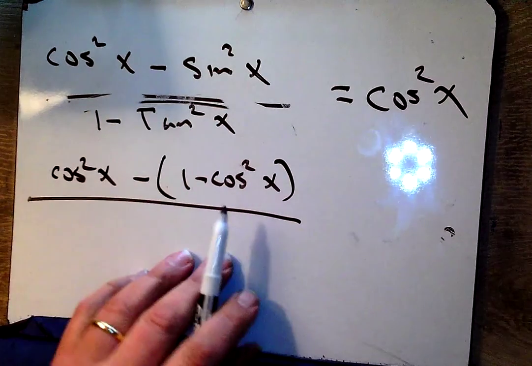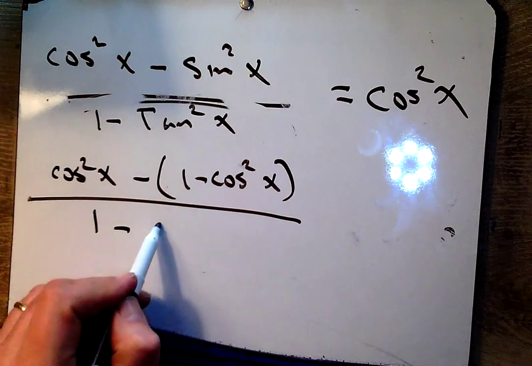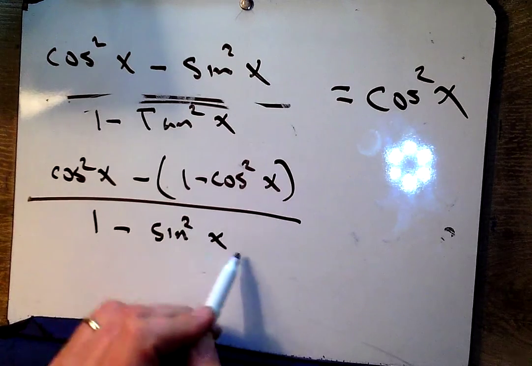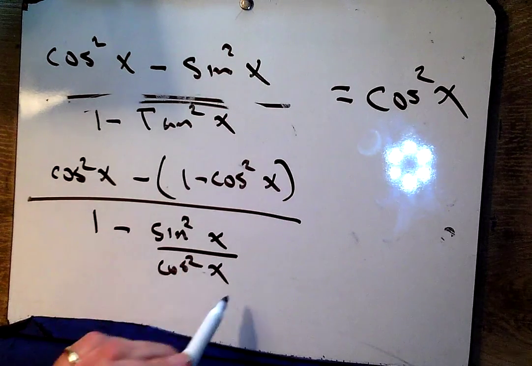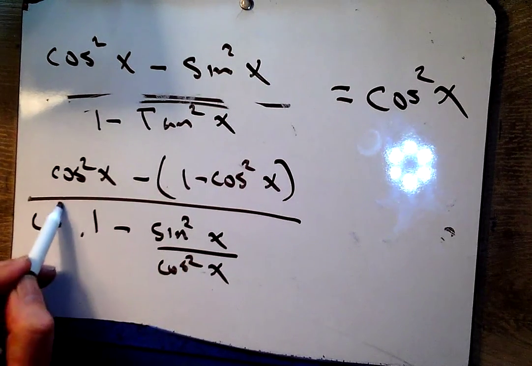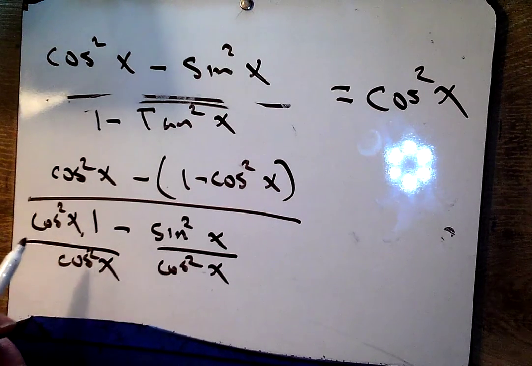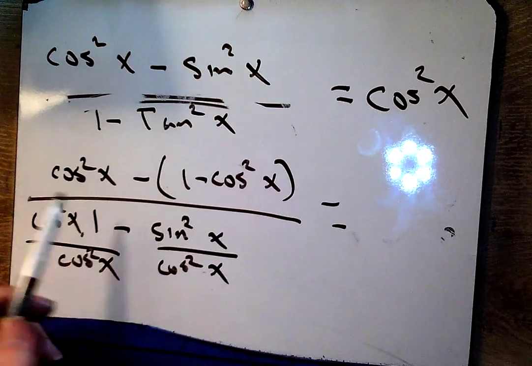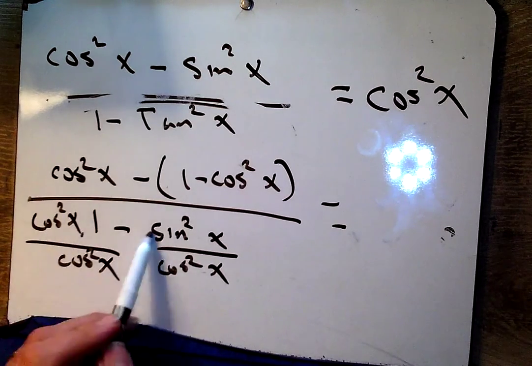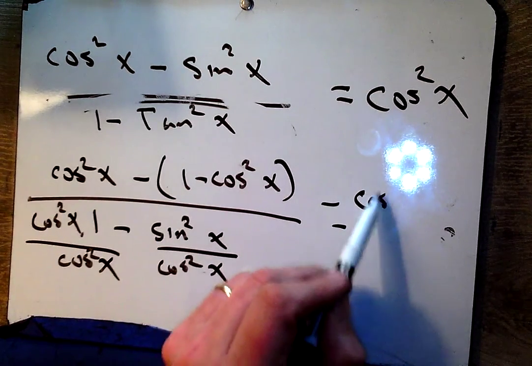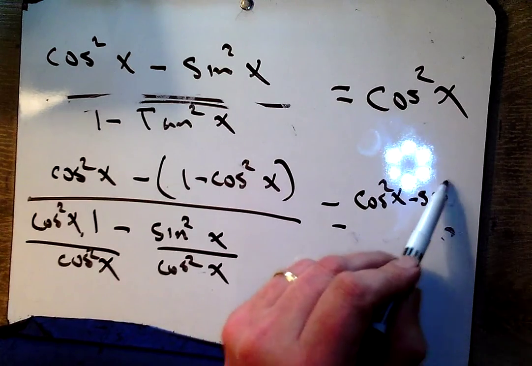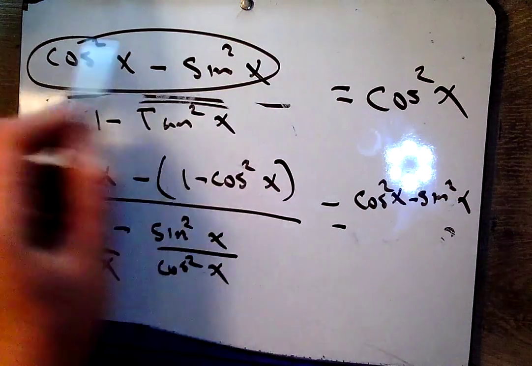Am I going sine squared, cosine squared on that? Maybe. And then I guess I should probably make a common denominator. So what am I looking at? Well, look at that top. That's cosine squared minus sine squared. Okay. Oh.